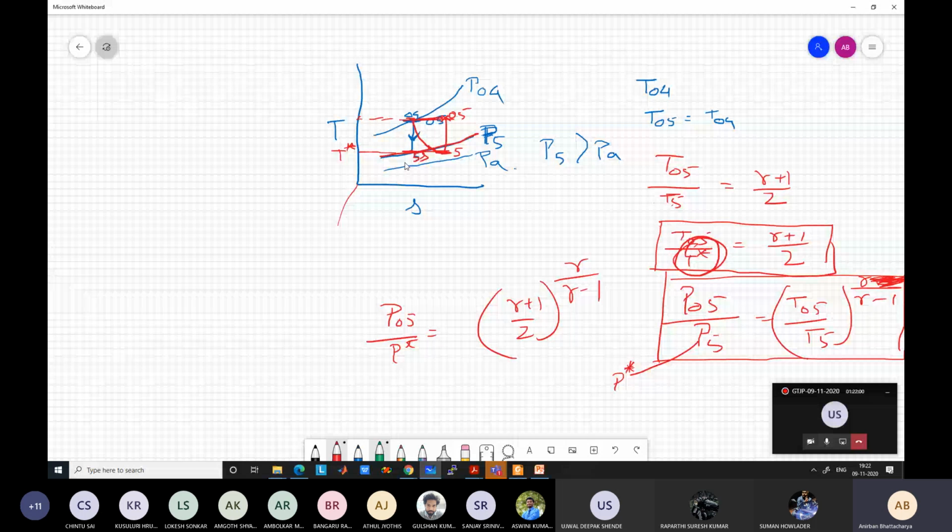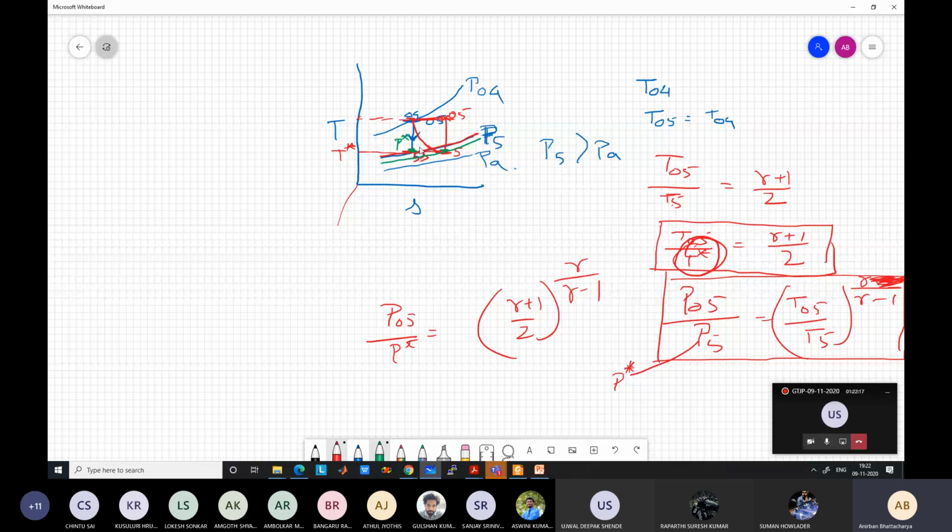Because the temperatures are the same point, the constant pressure line will be lower as compared to the isentropic case. So if this is P star for the isentropic case, then for the actual case the choke pressure will be lower than this value.